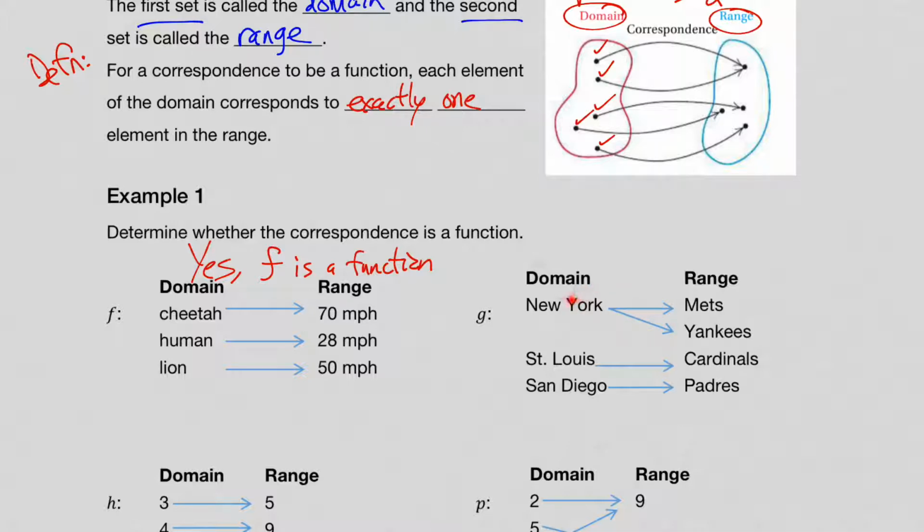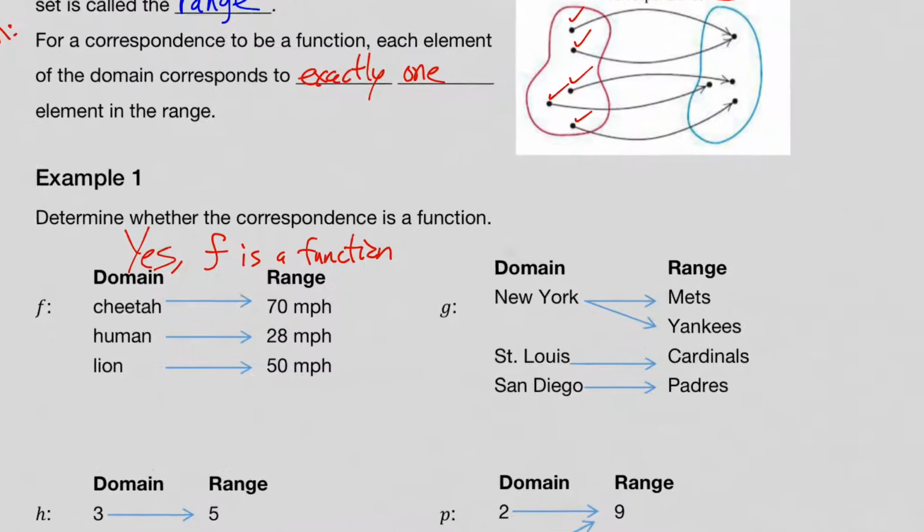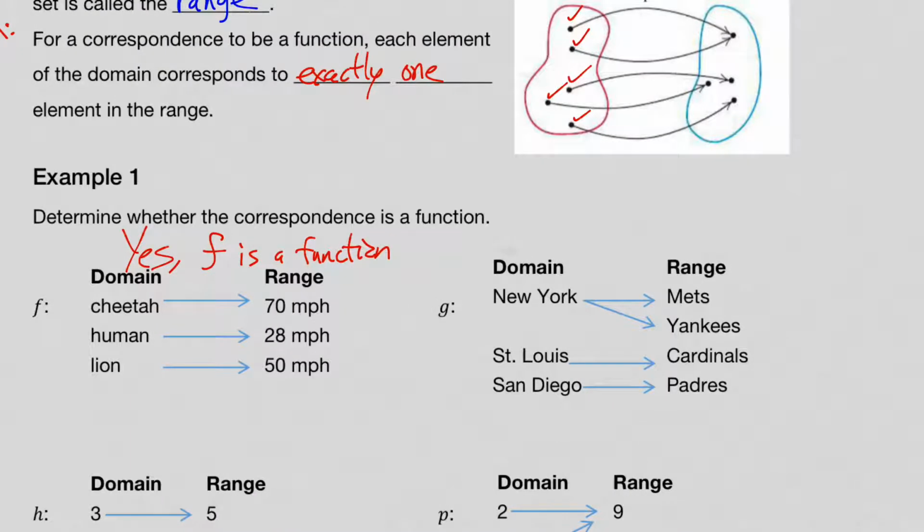Okay, New York is not corresponding to exactly one element in the range. New York is corresponding to two elements in the range. So New York corresponds to the Mets and the Yankees. And this defines something that is not a function.